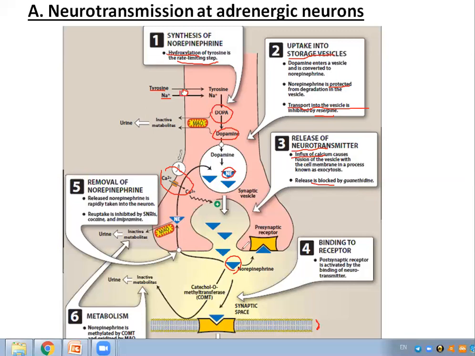Now, back to the fate and the destiny of the norepinephrine once it is released into the synaptic cleft. There are 4 pathways. The first one is the binding of the norepinephrine to a postsynaptic receptor.